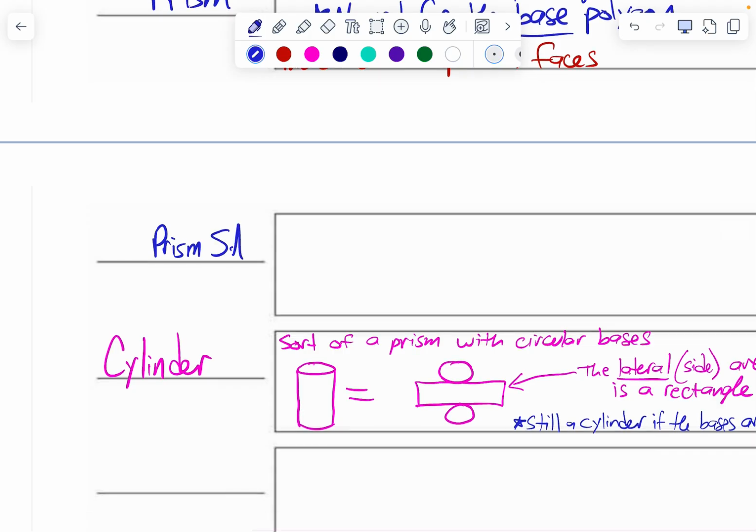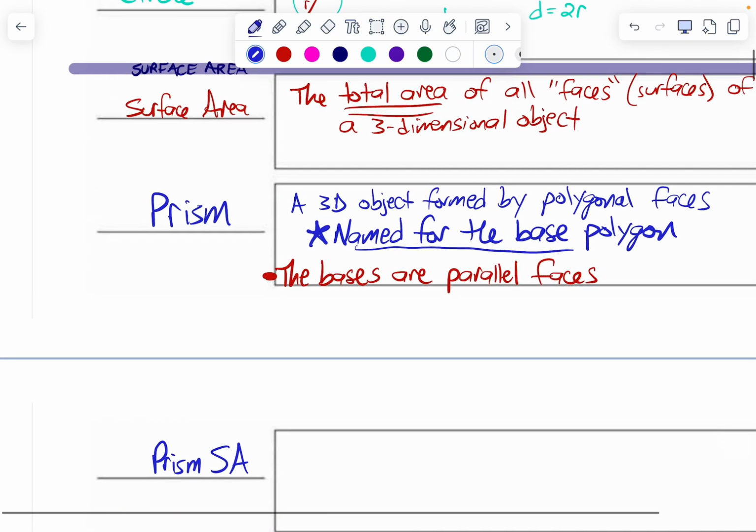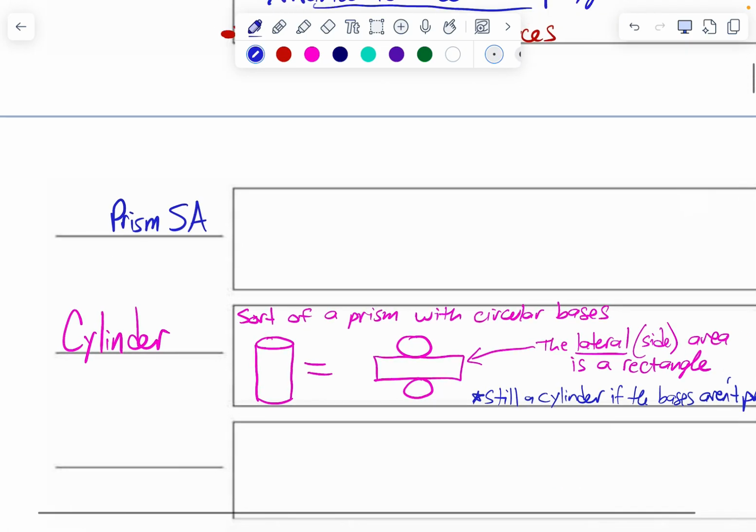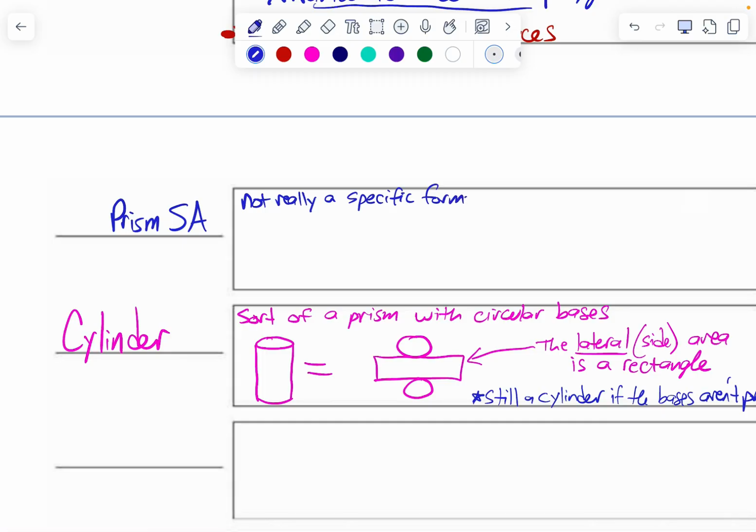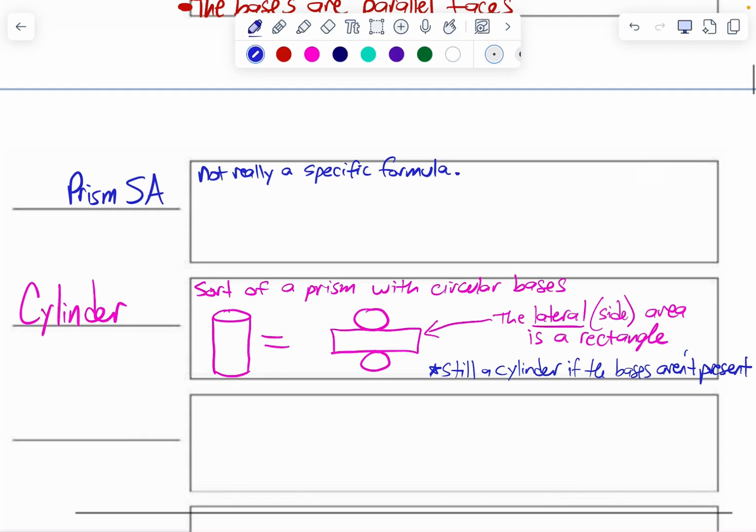Can we agree to abbreviate surface area as SA? So we don't have to write it a bunch. So there's not really a specific formula for this. It's more of a procedure. Here are our steps.